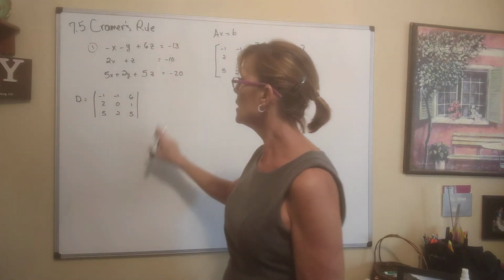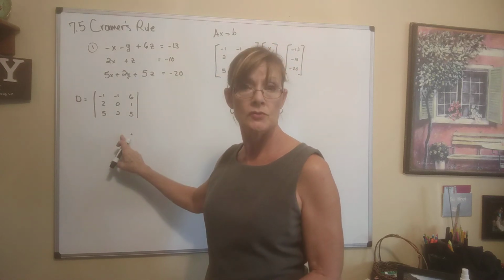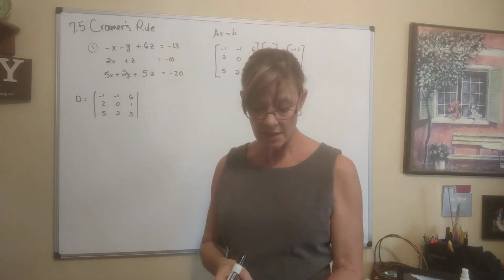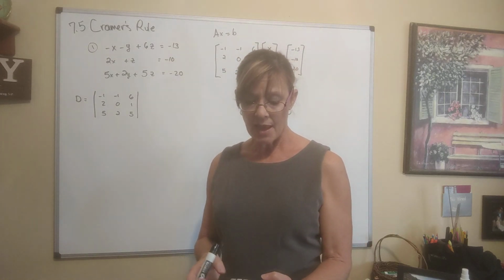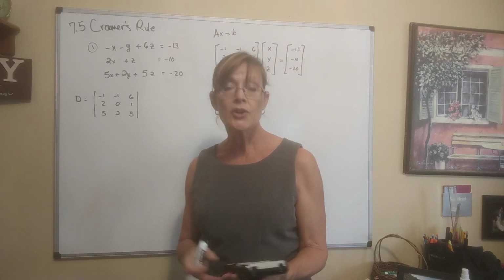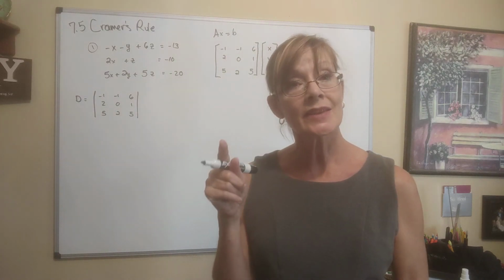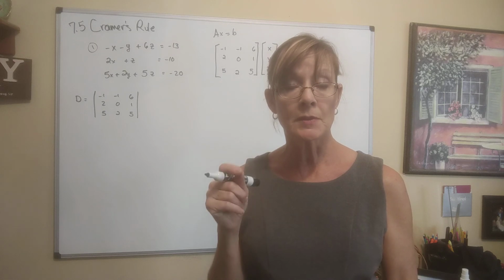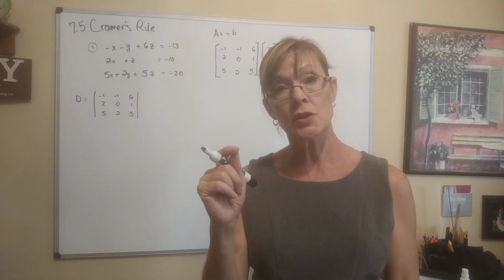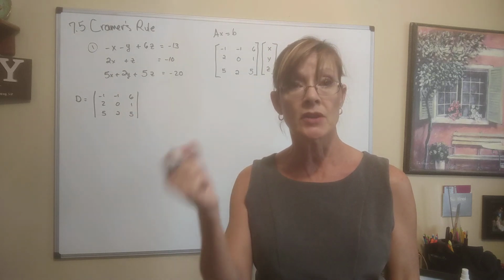And you would put in this matrix right there, and then you would hit second quit, and then go to second matrix, and toggle over to the math button, and the first thing you can select there is DET, which stands for determinant, and then you would go to second matrix, enter the matrix you want to take the determinant of, hit enter, and it's going to pop out the number for you.